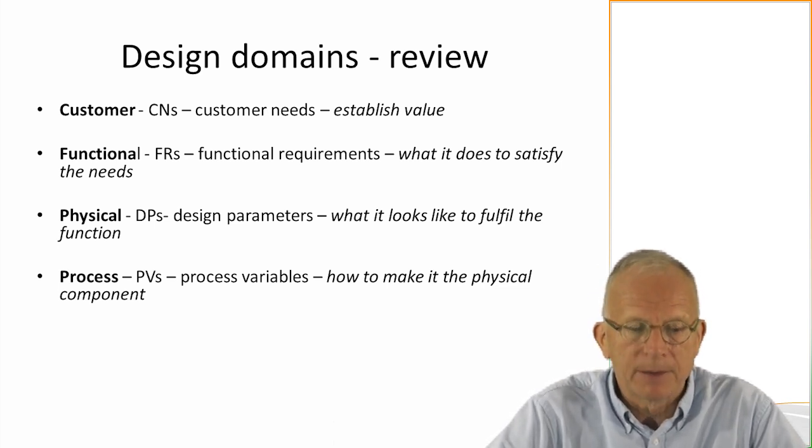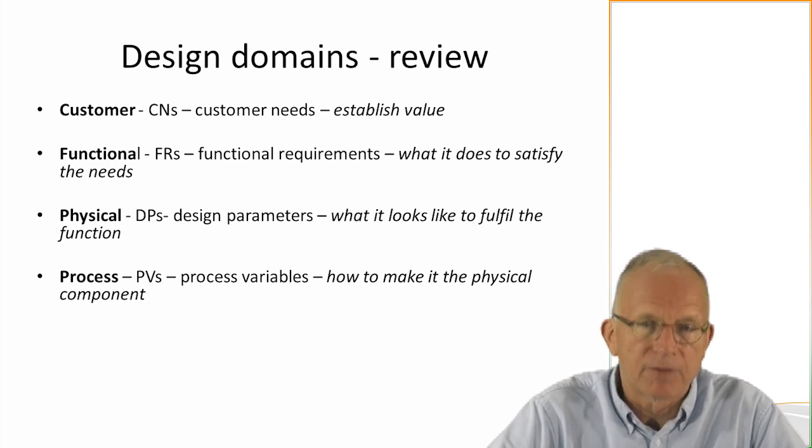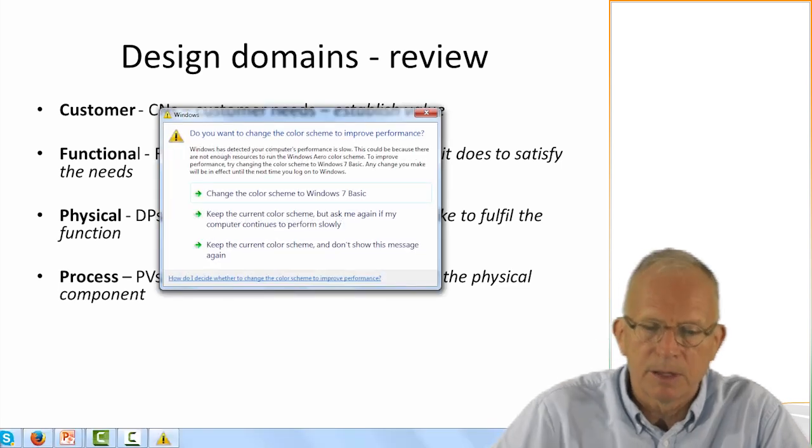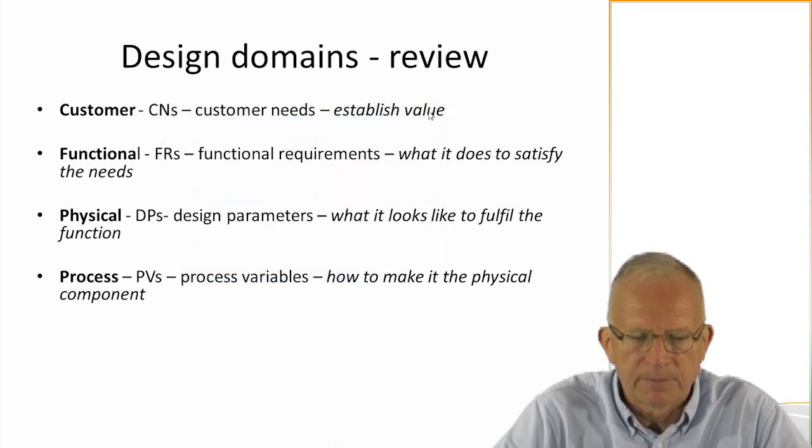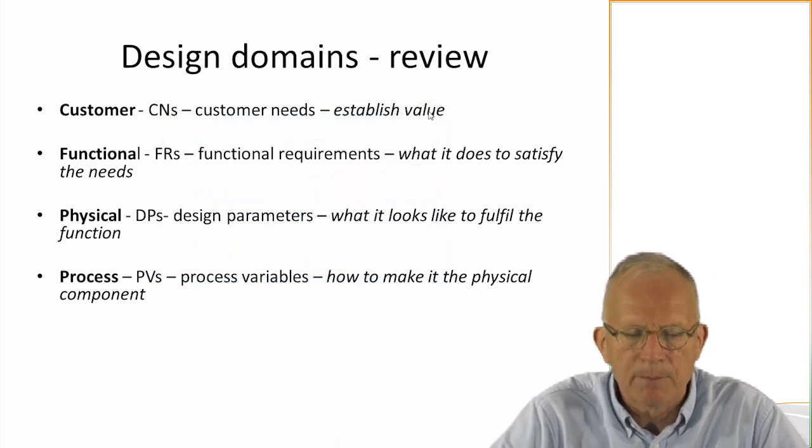The physical domain, with the design parameters, the DPs, this says what it looks like and how it's going to fulfill the functions described in the functional domain. And then the process domain, the PVs, the process variables, how to make the physical component.